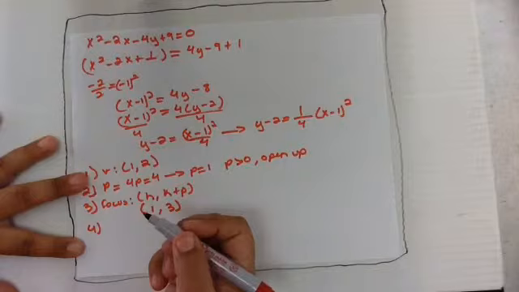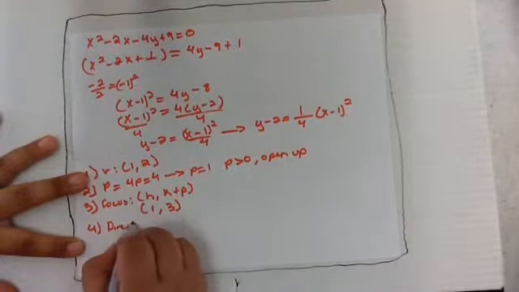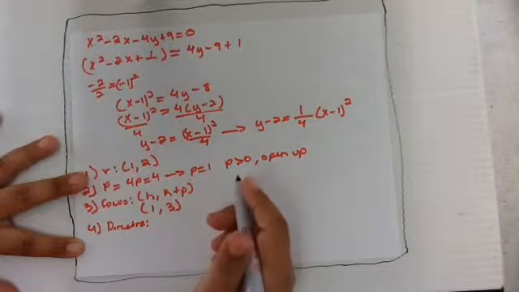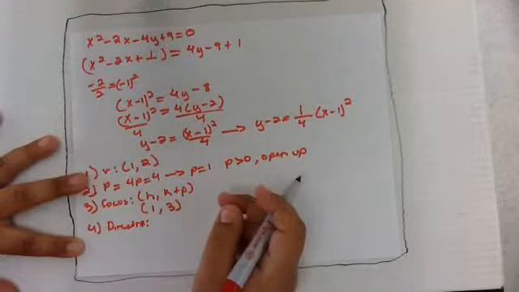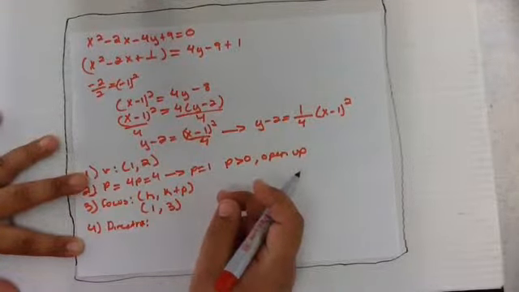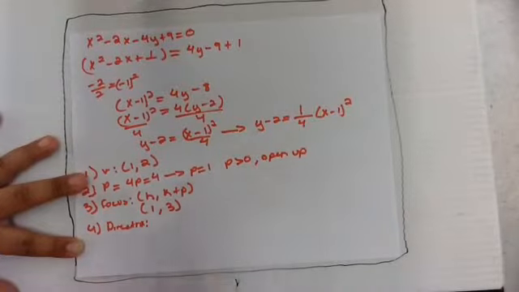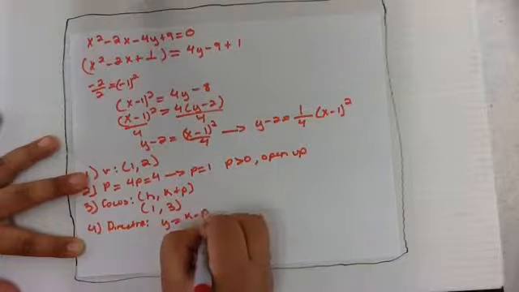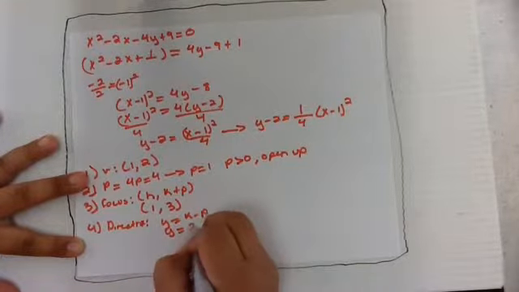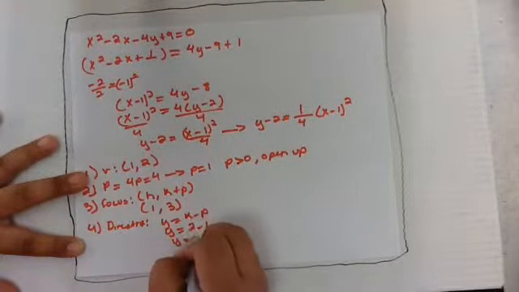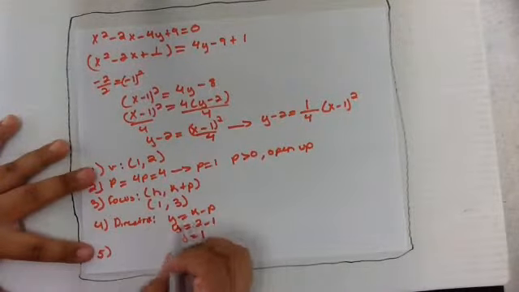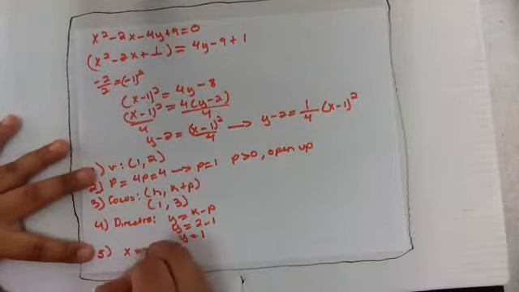To find the directrix, since it's a vertical parabola, it's going to be at y equals k minus p. So y equals 2 minus 1, so y equals 1. To find the axis of symmetry, it's going to be at x equals h, so x equals 1.